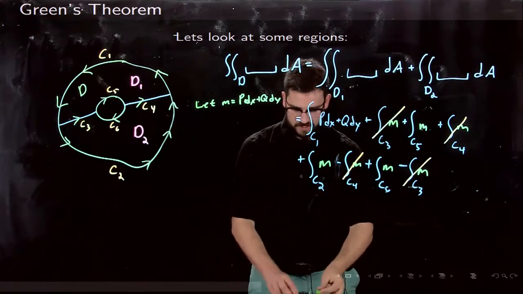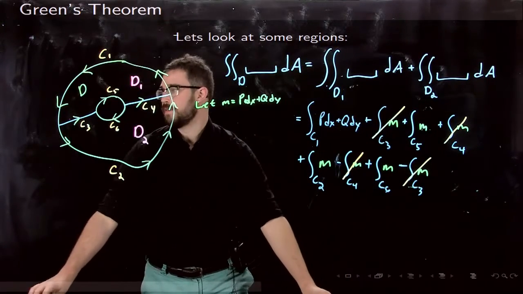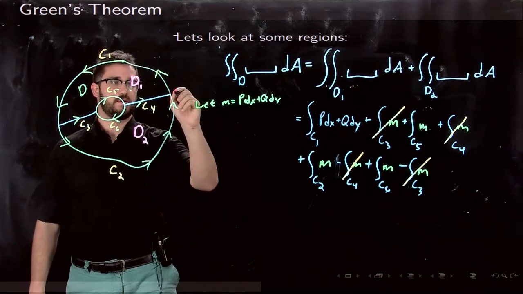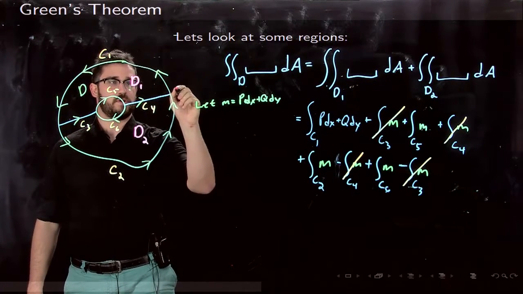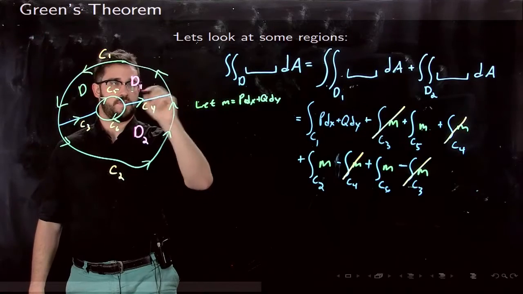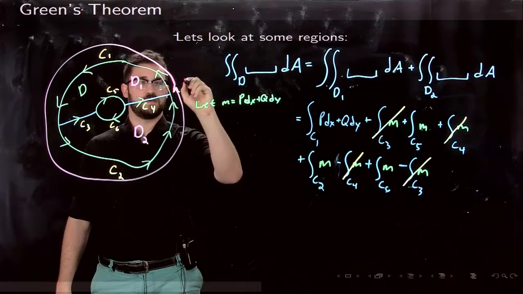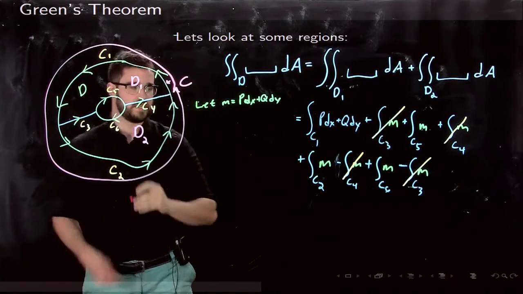So, to make this easier, let's think of this whole thing to be C. So if I followed all this around, this to be C, kind of pointing there.